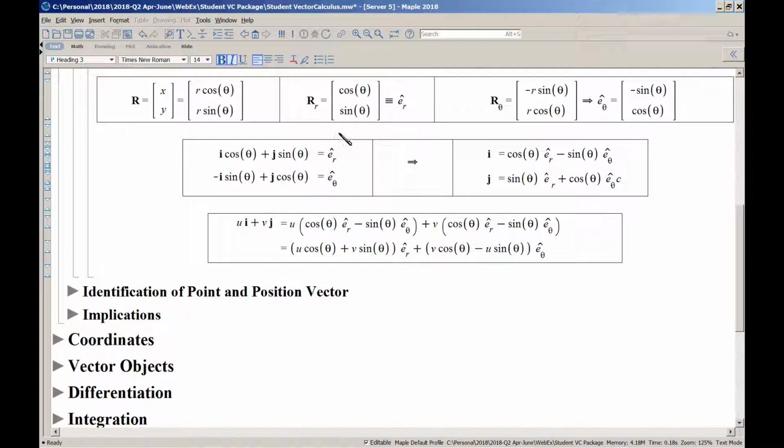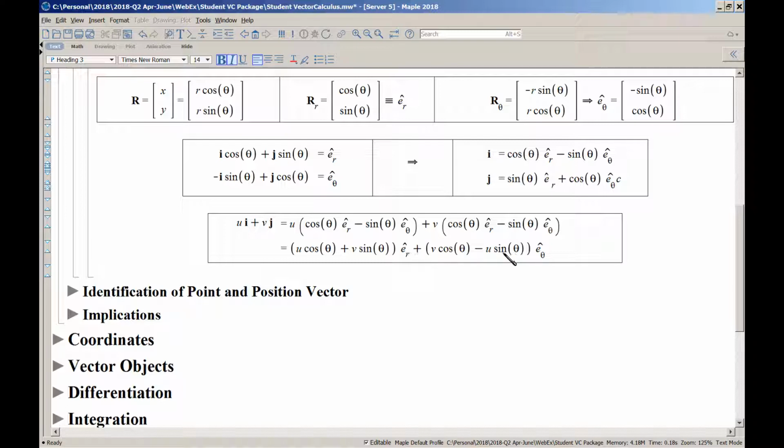Now, if you write out what this vector is with respect to the i and j basis vectors, and this one with respect to i and j basis vectors, you can solve for i and j in terms of these vectors e sub r and e sub theta. If you then take those expressions for i and j and put them into this Cartesian vector u i plus v j, you will get this mess, in which you can collect terms.